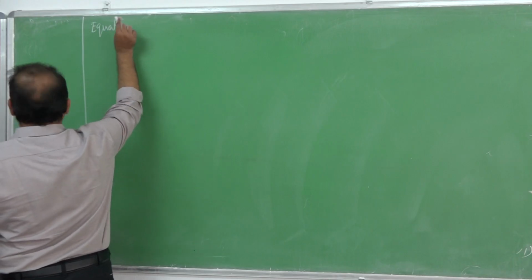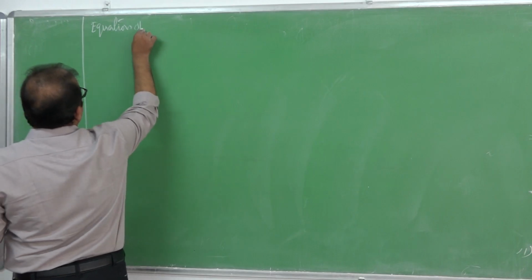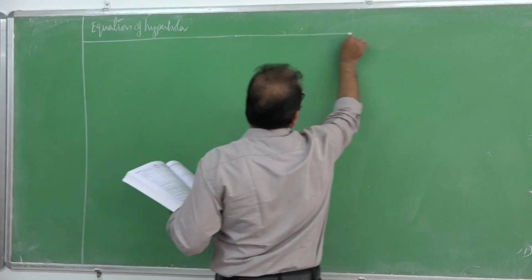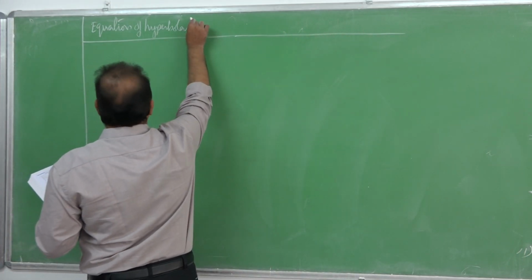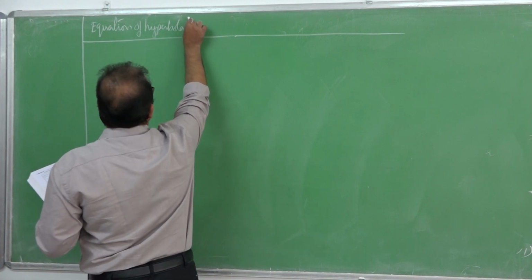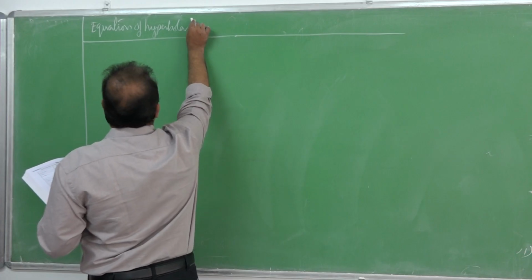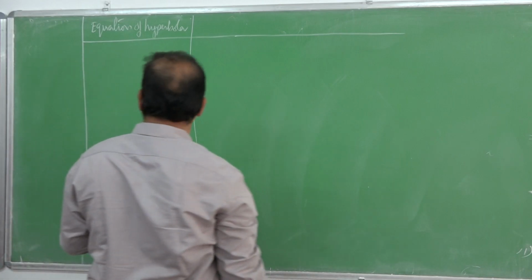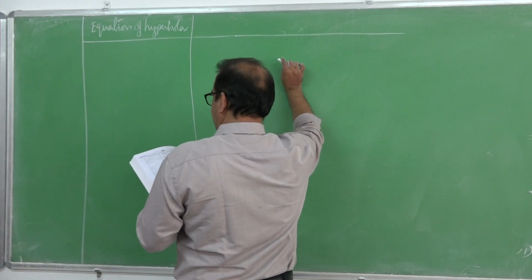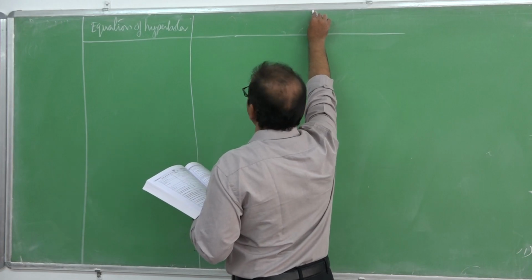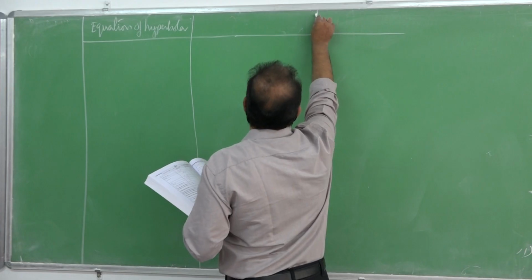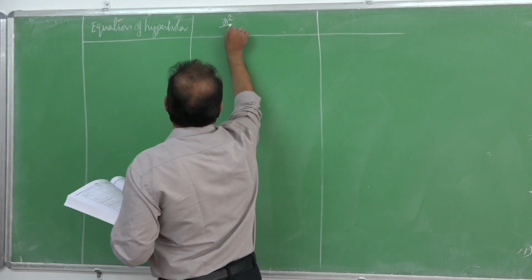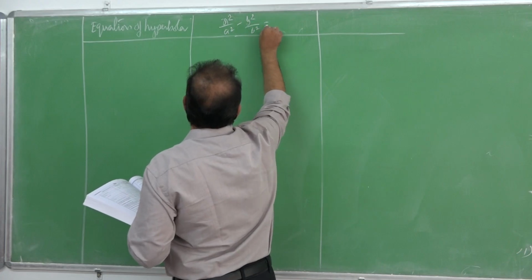Equation of hyperbola. X square by a square minus y square by b square is equal to 1.